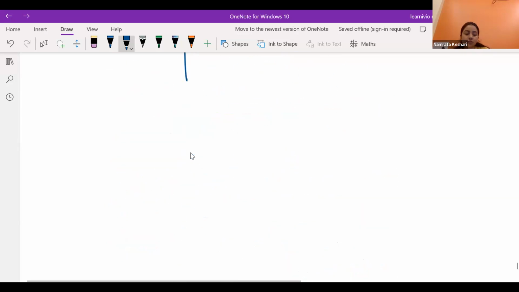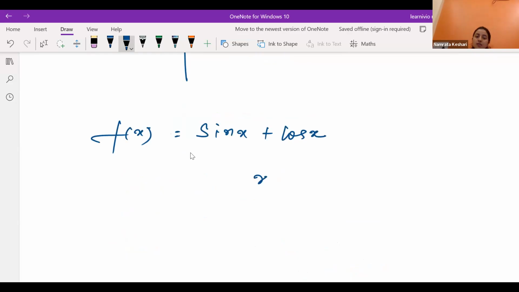Let's move on and do the other questions, which will be exactly like this. We don't have to apply any method over here, we just have to find the critical point. So if we have f of x equals sin x plus cos x, and the interval is from 0 to pi, we have to check the point where the function is maximum and the point where it is minimum.